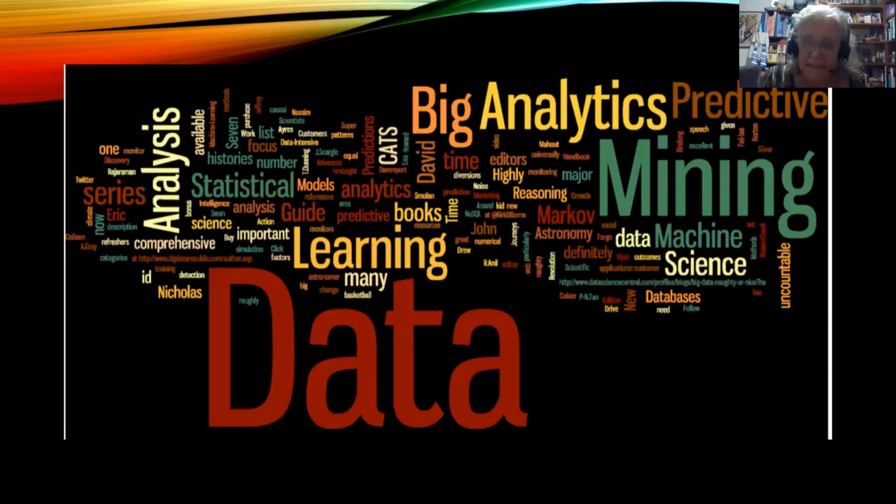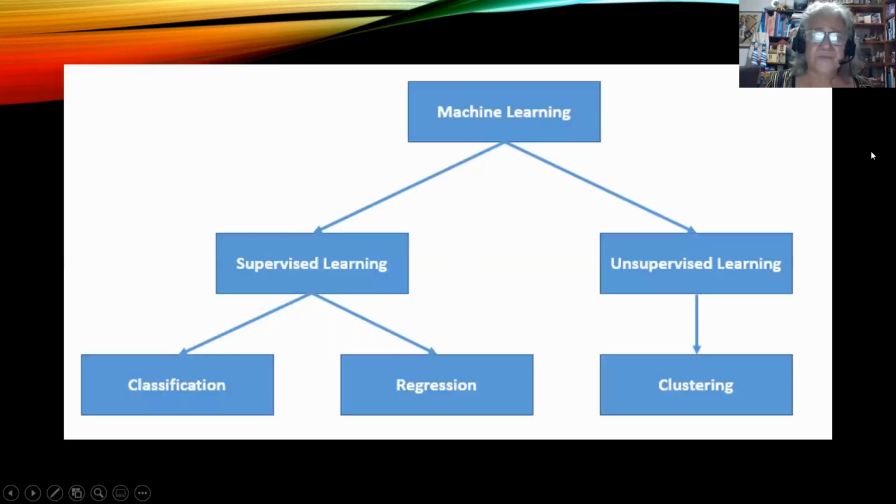And nowadays, we have this wealth of data, and we also have tools to do analysis and machine learning on our data. So talking about machine learning, we have both supervised and unsupervised learning.